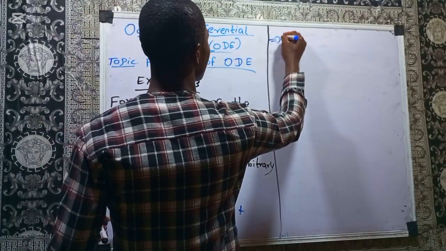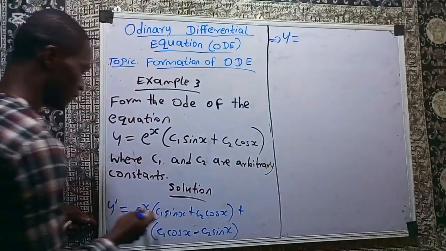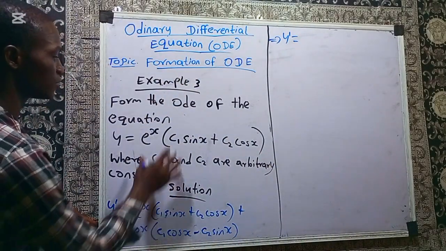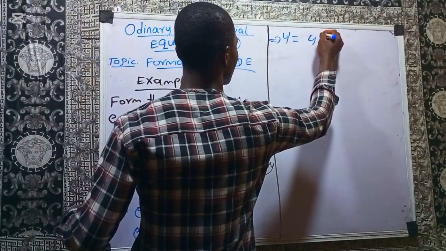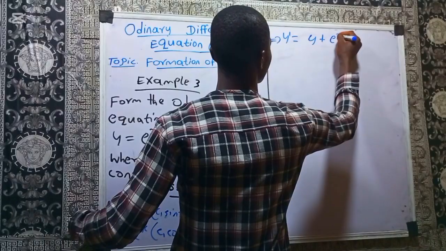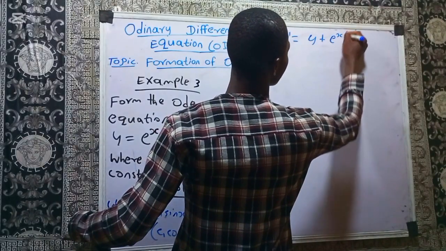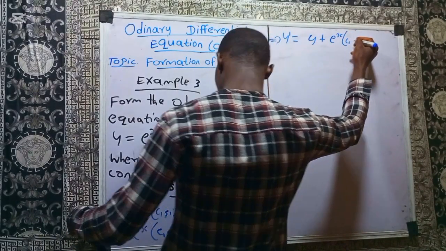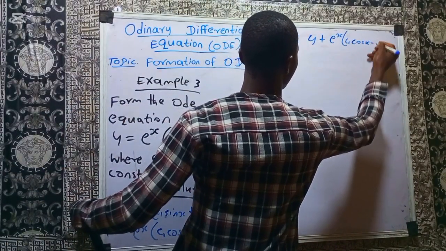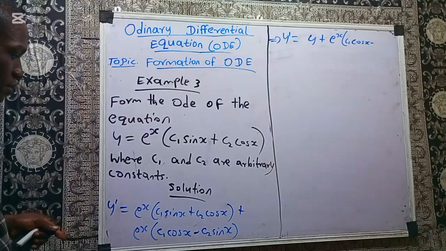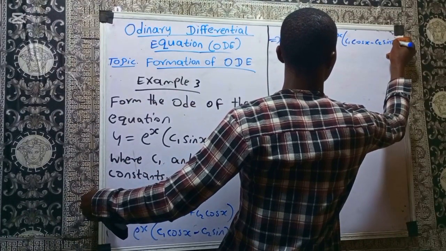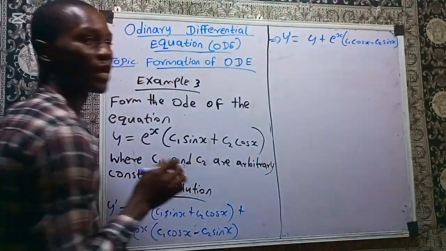So this implies that y prime will be equal to, the first thing we have is exactly my y, so I'll write it as y plus the second result we got, e^x (c1 cos x minus c2 sin x).